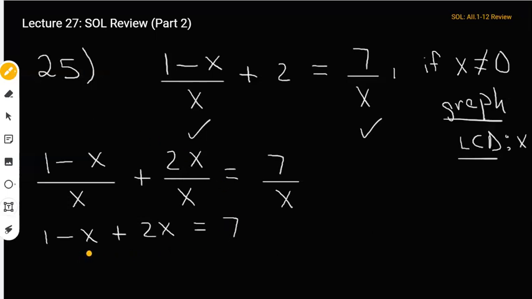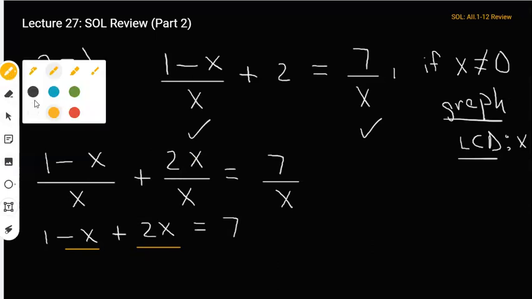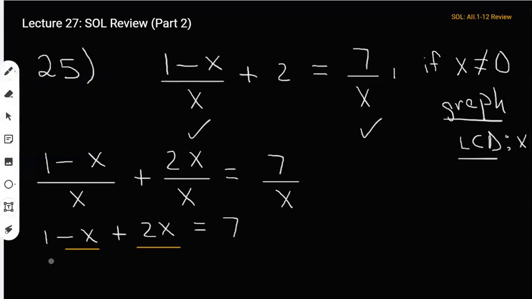Okay, so what are my like terms? Negative x and 2x. I can add those together to get 1x. And I kind of don't need the 1, so I'm going to erase that.